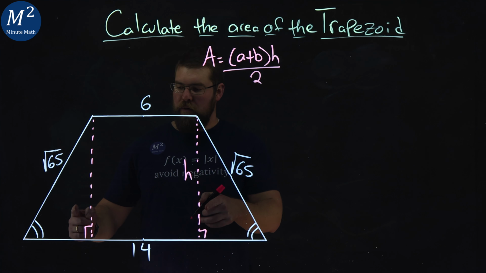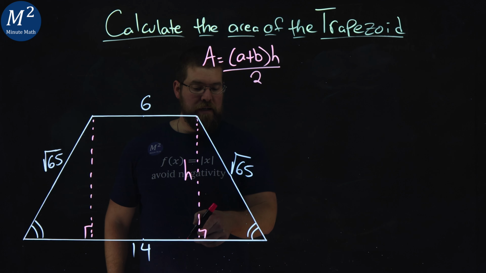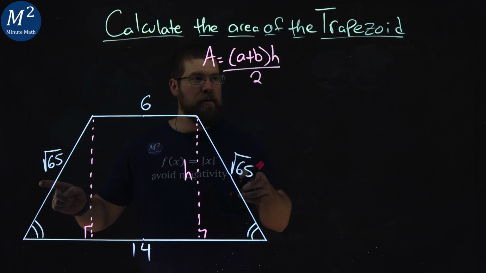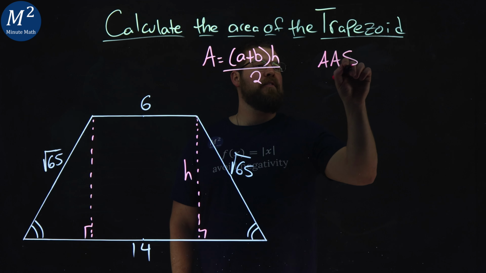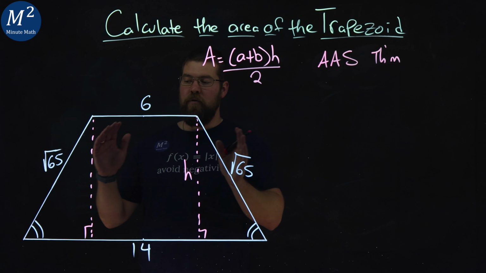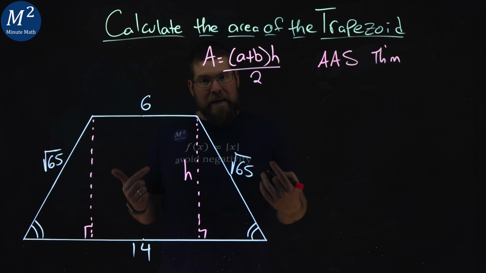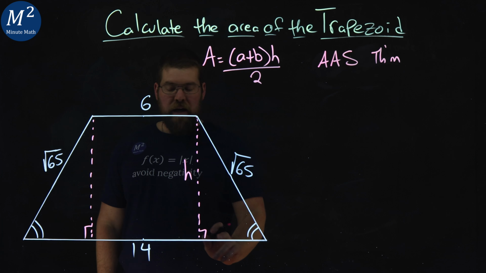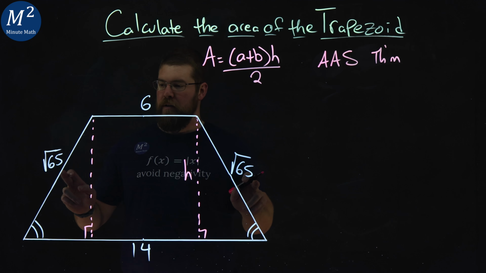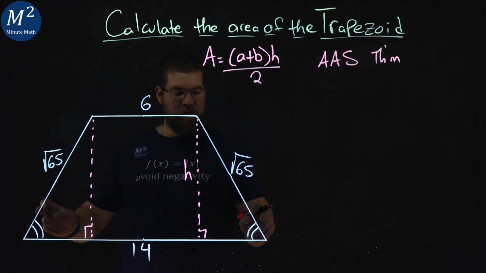Remember, we drew the lines right here for the height, so it's perpendicular. We have an angle congruent here and here, and a side that is also congruent. The angle-angle-side theorem tells us that these two triangles must be congruent, meaning that their side lengths are all congruent.